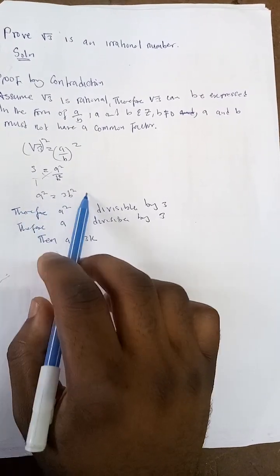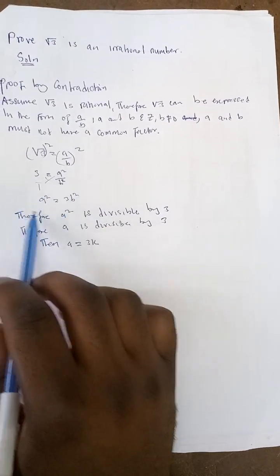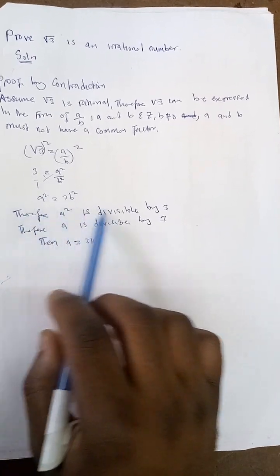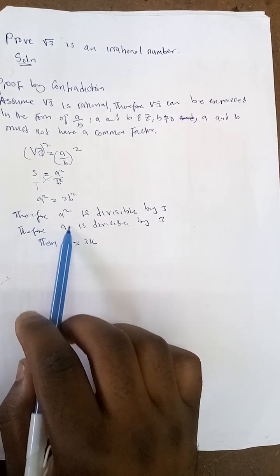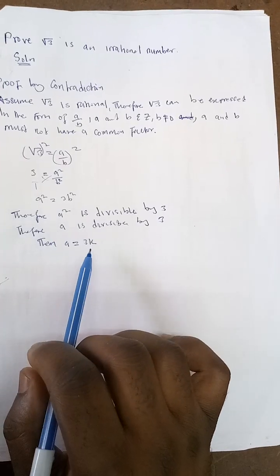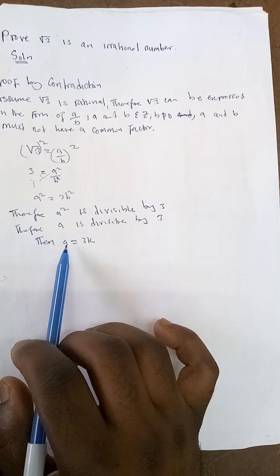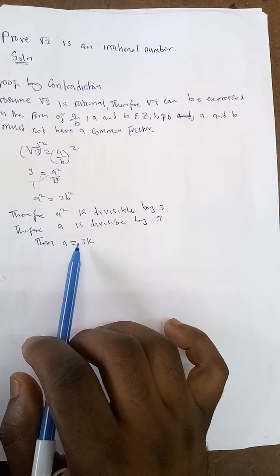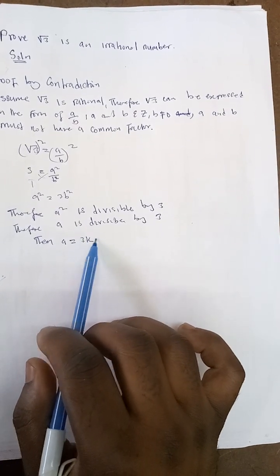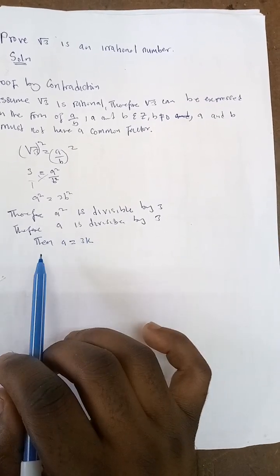Since we have this equation here, after writing this statement, we can now write it in the form of a. Since a is divisible by 3, we can say a is equal to 3 times any letter of your choice. Here I'm picking k.